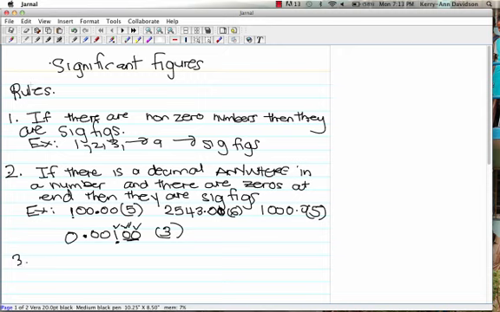The third rule says, if there is a decimal point anywhere in the number, let me go ahead and scroll down so I can get space.